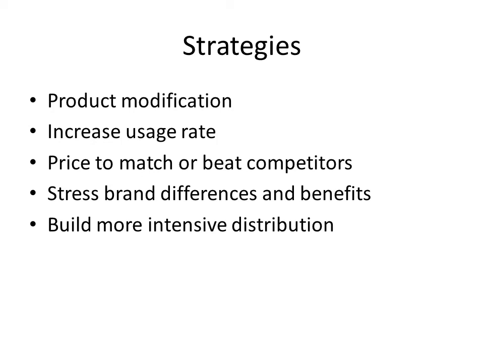So you would be running promotions, etc., or stressing brand differences and benefits, so that you can win over your competitors' customers. And you would want to create a more intensive distribution in any place where you're missing, or where you feel you need a stronger presence so that you can milk things out. You would want to increase your distribution in such places.